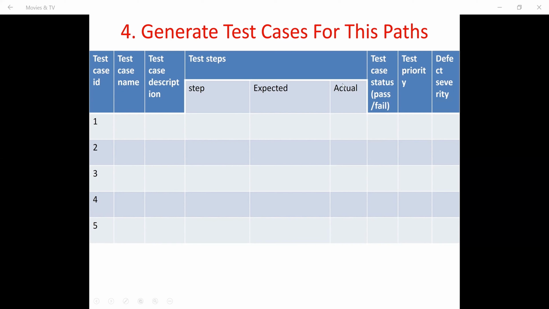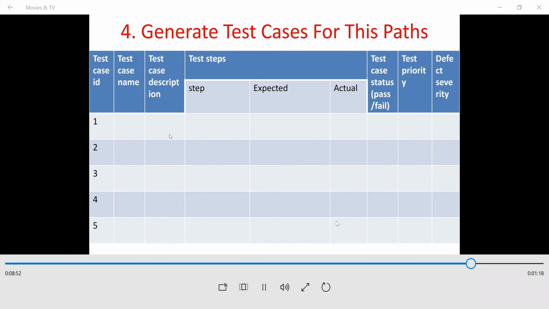There are different parameters: test case ID, and test case name, whatever name you can give. If we are checking the login, you can say login module. Then the test case description: what it takes as input and what the output will be, and what steps are to be carried out.